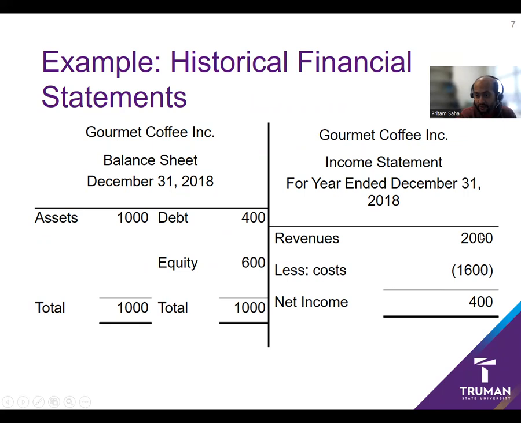So 80% goes to cost and 20% of revenue is profit. Look at the asset size, 1000, which is 50% of revenue. So revenue is 2000, 50% of revenue, 1000, is our total asset, and 20% of revenue, 400, is our net income. We want to make a pro forma balance sheet and income statement.